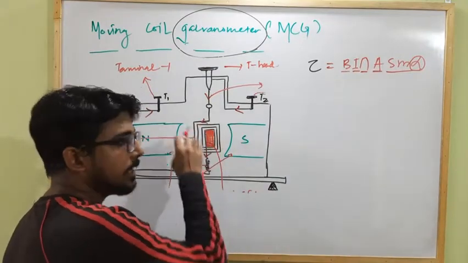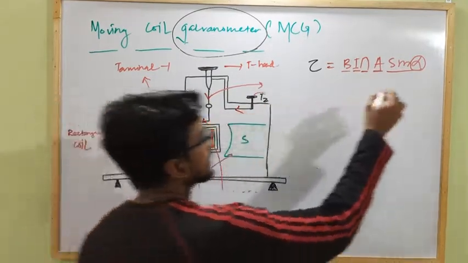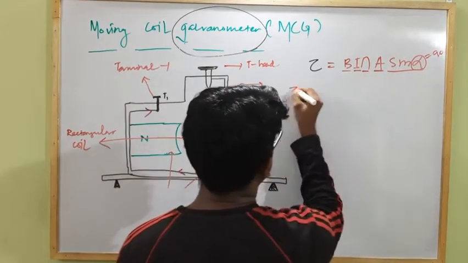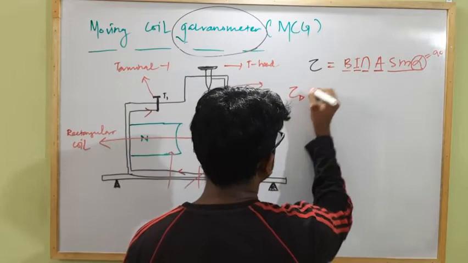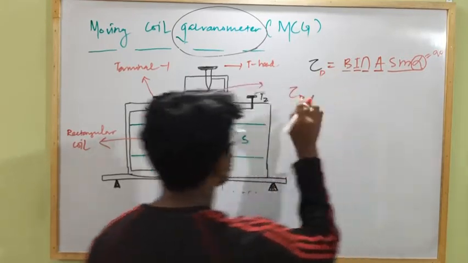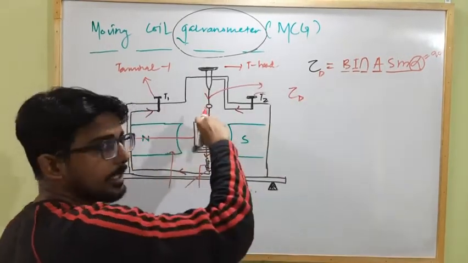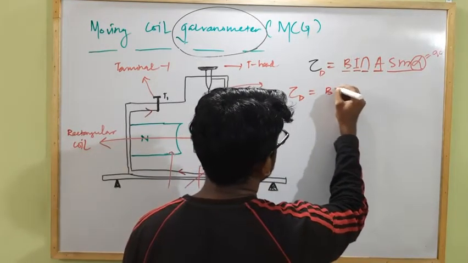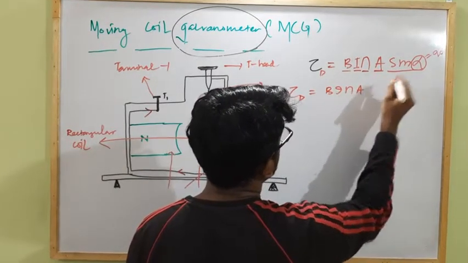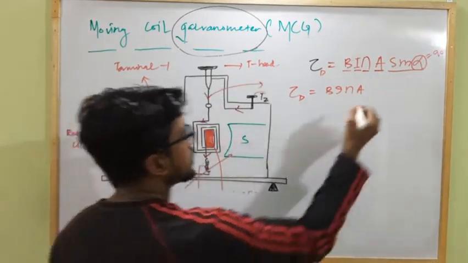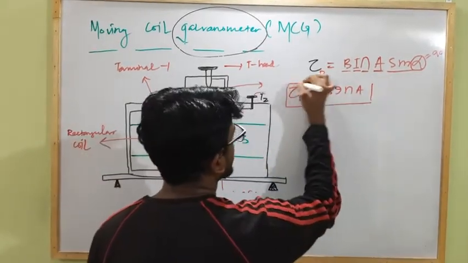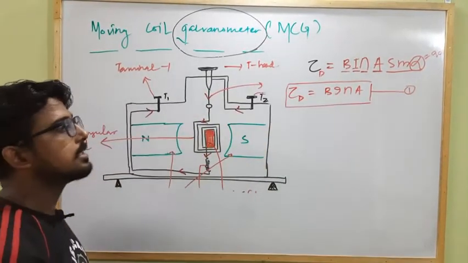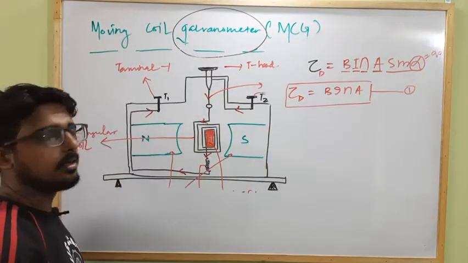As here we are using a radial magnetic field, this alpha becomes constant, which is always 90. So the torque, or the deflecting torque, due to which the coil gets deflected, will be B-I-N-A. Sin alpha is always 1. So this is the value of deflecting torque at each and every position of the rectangular coil, as it is independent of theta or alpha.